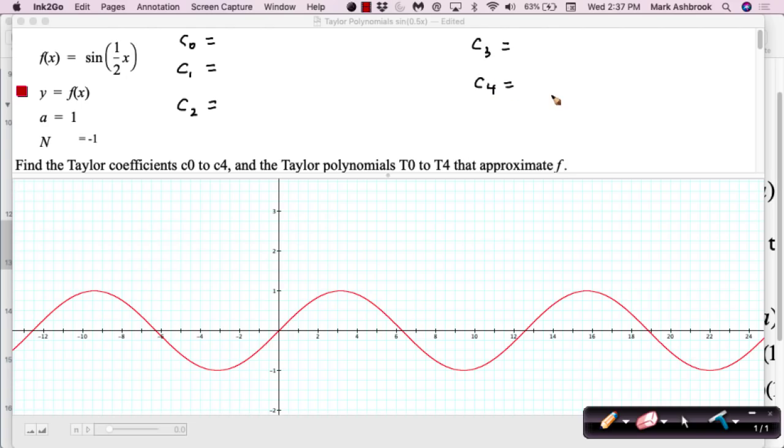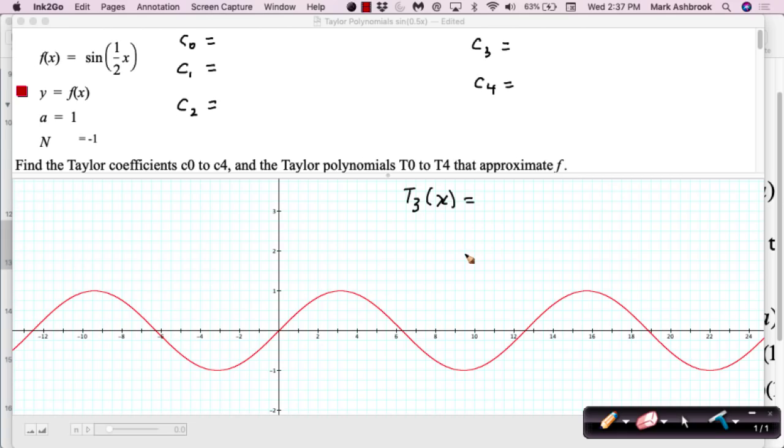And then once you have the coefficients, we're going to write the first 4 polynomials. Or let's just start by writing, if you're confident on this, then just try T3 after doing this. That's the cubic approximation, or the 3rd degree Taylor polynomial of this function centered at 1.